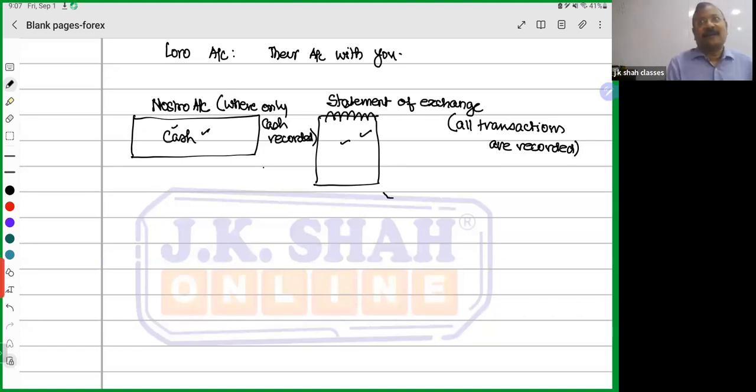Is there any cash payment? What cash payment will come in nostro when you cancel? What are my recordings? You entered into a contract with a caterer. Fine, you recorded it in the statement of exchange. Two days later someone else said, that caterer is useless, look at another caterer. So you will enter into a contract with another caterer, but at the same time in this notebook you'll scratch out the original contract, no? That's fine. Okay, now you'll say, sir, what if that earlier contractor demands compensation?